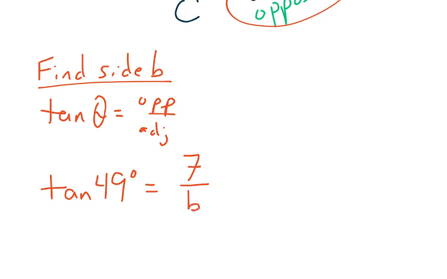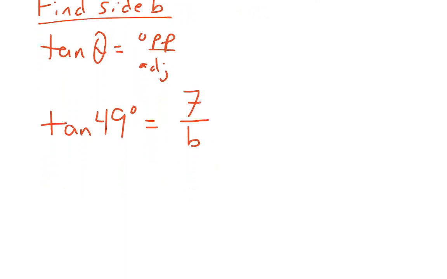I'm going to put the letter B there because it actually is side B. I mean, you could put the letter X, but most students will pick the letter of what you're trying to find. Now, this is an algebra equation, and we want to solve it for B, so we're going to have to multiply both sides by B. Now, after you multiply both sides by B, you want to divide both sides by the tangent.